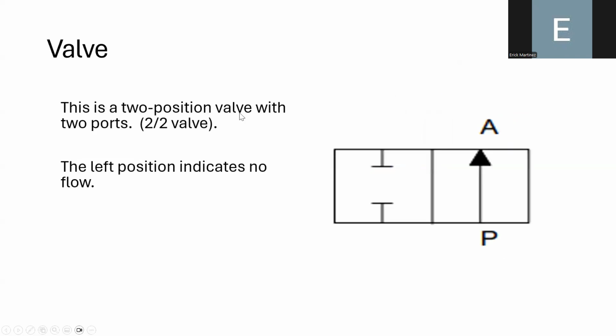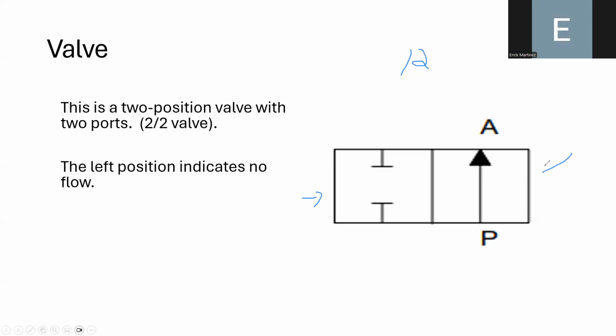So this is another example. Here you can see that we have a two-position valve. So we can place the diagonal and then the 2 in order to refer to the number of positions. But also you can see that we have only two ports, okay, A and B. And you can see that this symbol, in particular for the first position, means that there is no airflow. Okay, the airflow cannot move in this position because of this symbol, which means that the exit or the input of air in this position is blocked, okay?